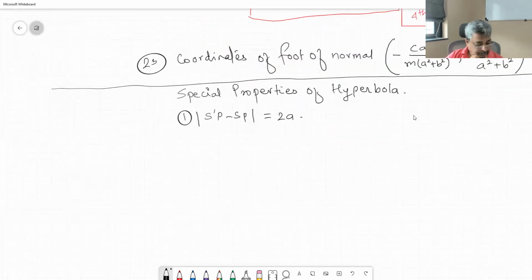Second, now again we will have to draw a diagram like what we did in case of ellipse. Which we will do now.